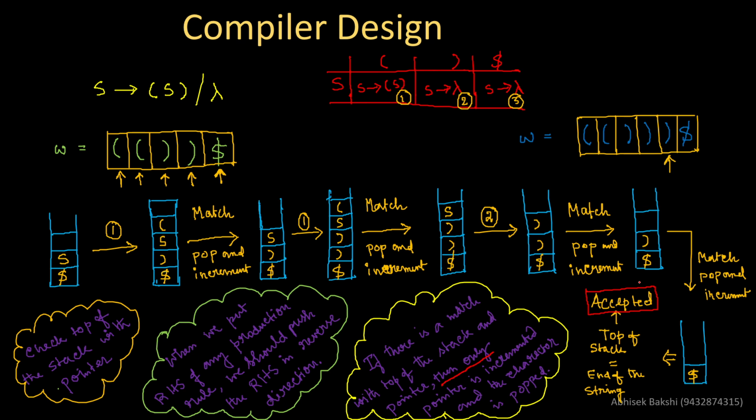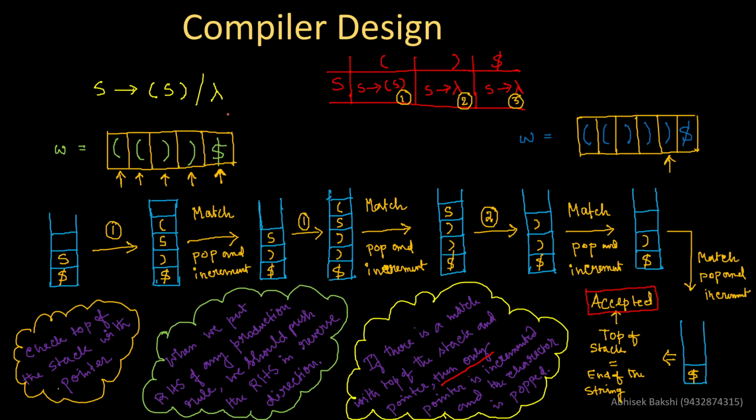We started from a particular non-terminal S, and we found using this particular method whether I have to use S to some particular production rule, or should I use S to lambda.